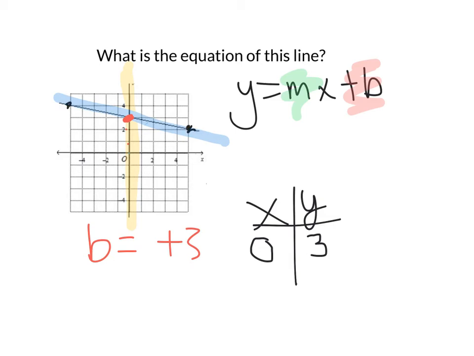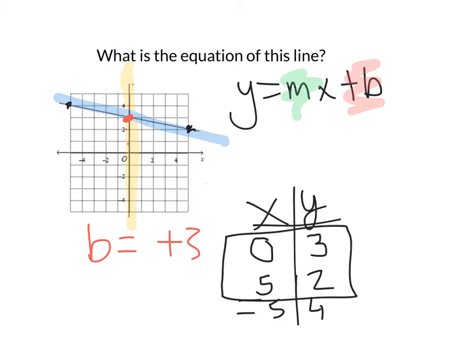I'll put them all on the table, but remember, we only need 2 of these to find the slope. We could use 5, 2, or you could use negative 5, 4. I'm going to stick with these 2, so I don't have to work with negatives. But again, all we need is 2, so the choice is yours.